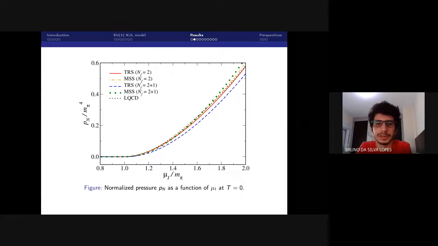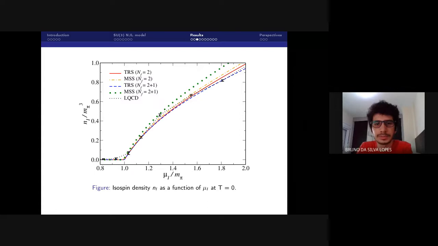Here we see the normalized pressure as a function of mu I. I'll focus here on the Nf equal to 2+1, or three flavor, results. For this picture, the MSS result seems closer to the lattice QCD results.